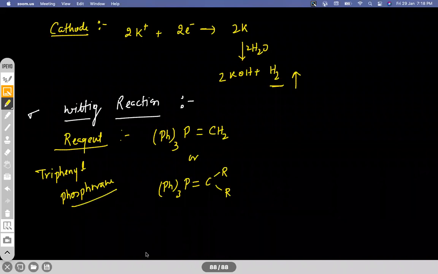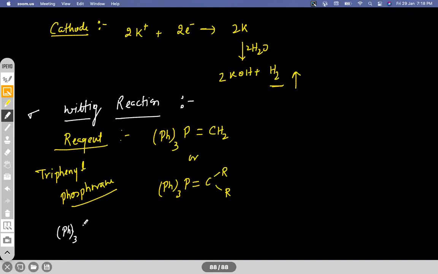So if you have any aldehyde or ketone, for example, we have this reaction: Ph3P double bond CH2, and this reacts with R, C double bond O, H. What you need to do, just see this.